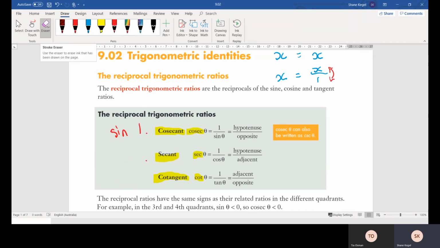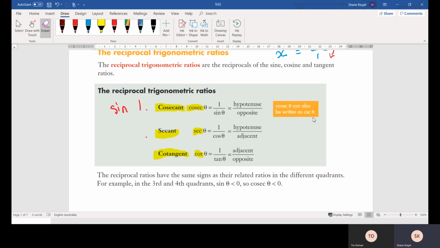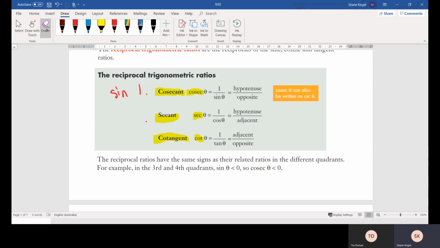Okay, so the reciprocal ratios have the same signs as their related ratios in the different quadrants. In other words, the inverse of sine is positive in the same quadrants that sine is positive in. We remember our unit circle, all stations to central.